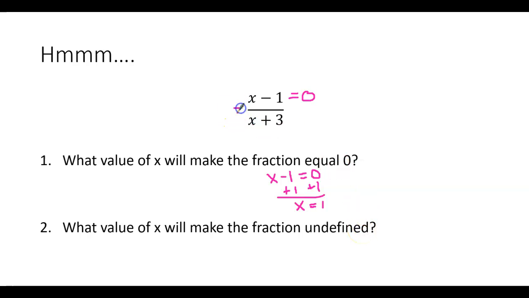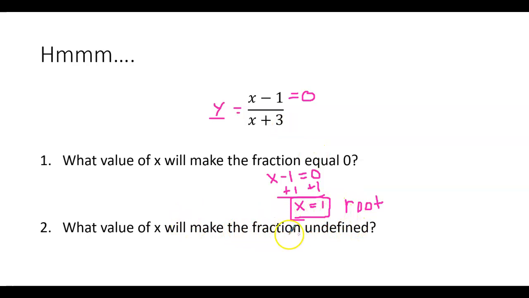So in order to get your y value to equal 0, your y represents the whole fraction. So in order to get the y value, which is the whole fraction, to equal 0, the top needs to equal 0. And what this tells you is this is the x value that will make the y value equal 0. And we have a name for that. It's known as a root. So whatever number will make the top equal 0 is a root.